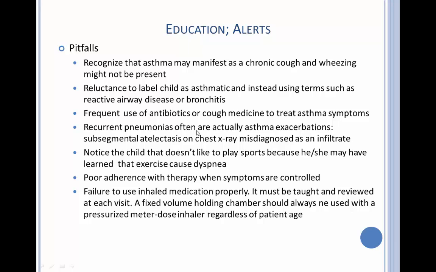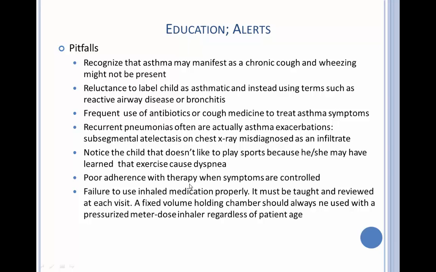Remember that an infectious process could trigger an exacerbation of asthma. Do an x-ray to rule that out, but it's not mandatory if there are no signs of fever or infectious process. Tell the child that they could continue playing sports, and that beta-2 agonists could be given before exercise.